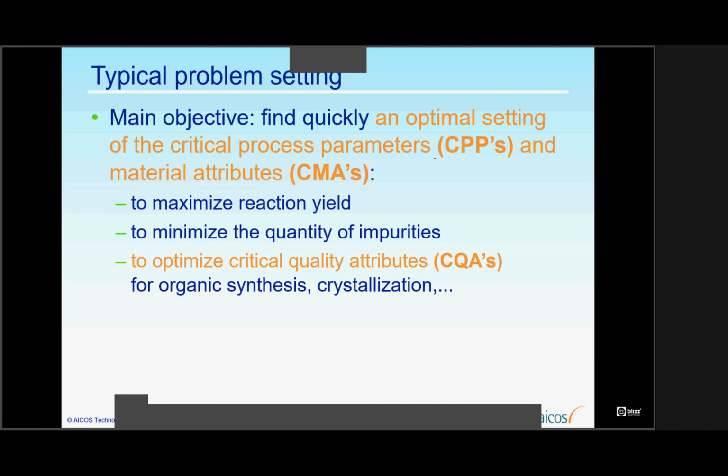So the typical problem setting in which you want to use quality by design is that you want to optimize a synthesis reaction or any chemical or pharmaceutical process or product. And so you have critical quality attributes that characterize how well the process works or how well the product fulfills the requirement.